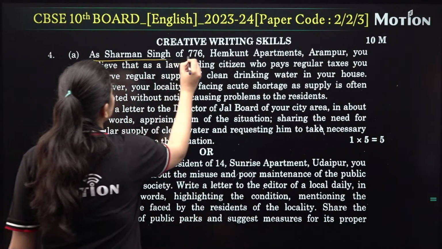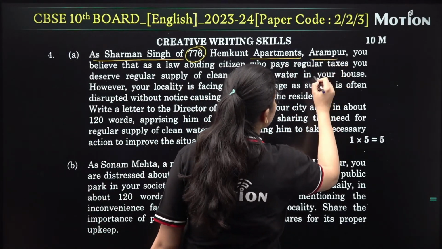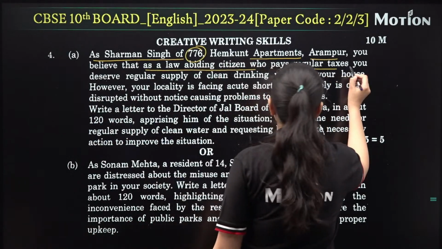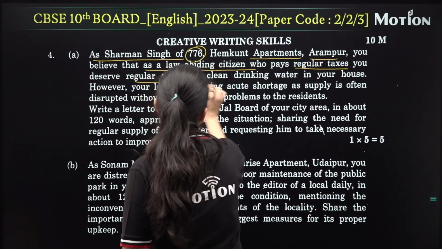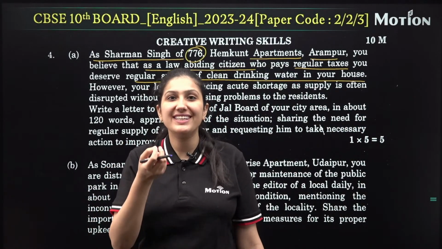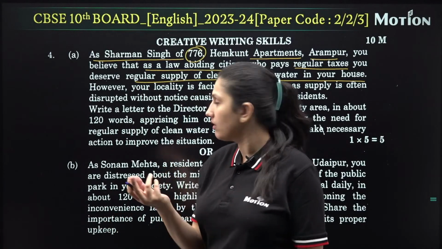As Sharman Singh of 776 Hemkund Apartments, Arampur, you believe that as a law-abiding citizen who pays regular taxes, you deserve regular supply of clean drinking water in your house. It is obvious, if you are paying tax and you are not getting clean, hygienic water, then it is of no use.